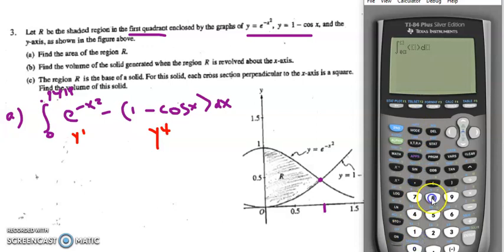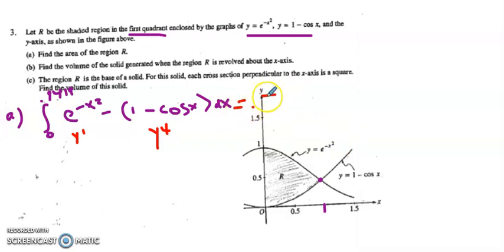I'm going to integrate from 0 up through 0.9419, and integrate y1 minus y4: vars, y-vars, function y1 minus vars, y-vars, function y4, with respect to x, and hit enter. My answer is 0.590, or you could say 0.591. So you can either round or truncate.